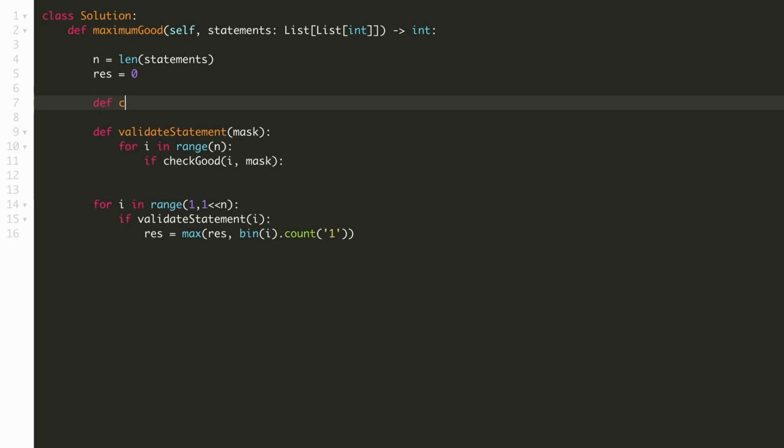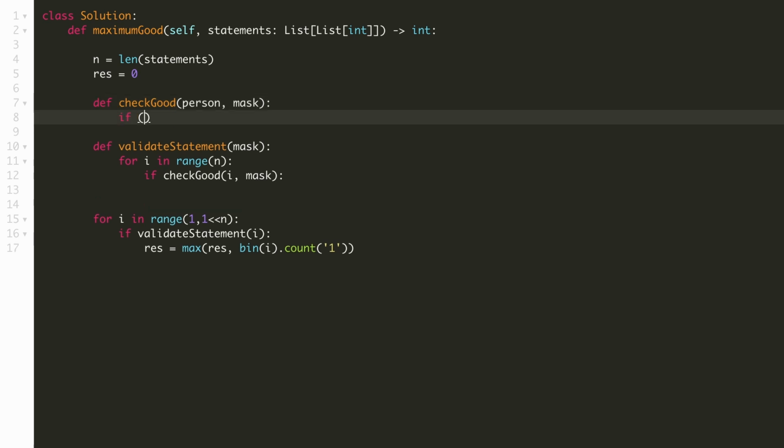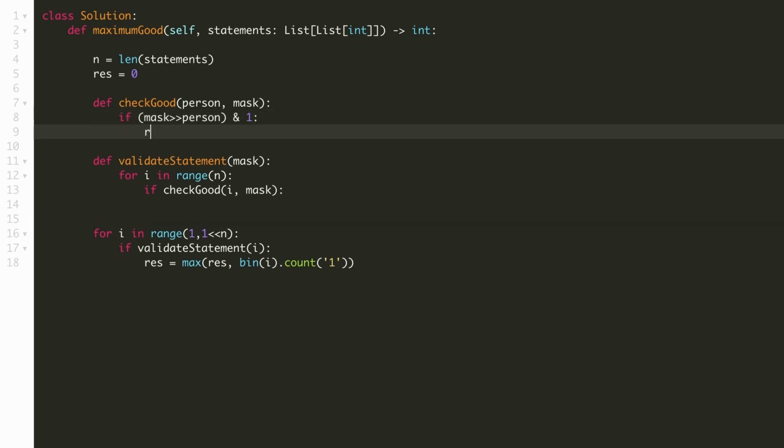So now let's check if that person is a good person or not. Let's create the helper function checkGood where we receive the person and the mask. We can check if that person is a good person or not by right shifting our mask by person bits and then ANDing it with 1. If it is not 0, then that means he's a good person.